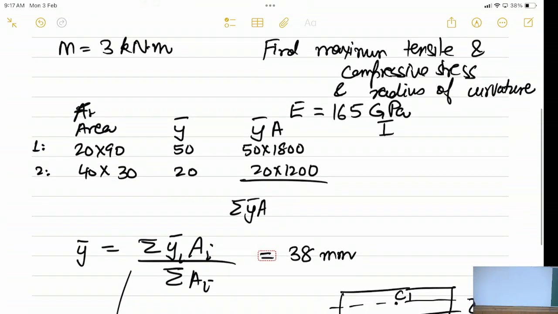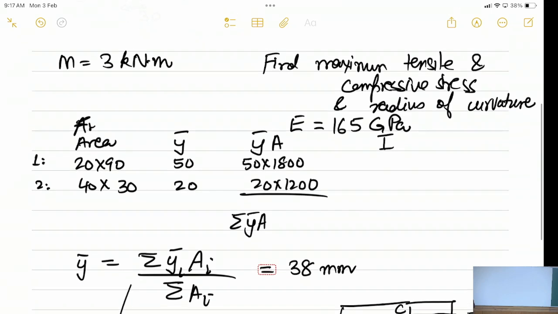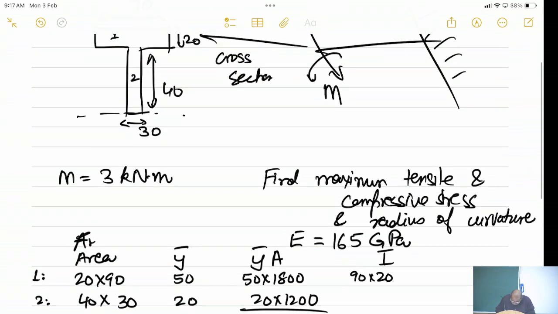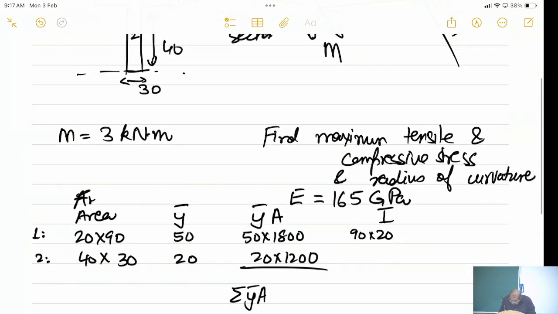They're simple calculations. So this will be equal to 90 multiplied by 20 cube upon 12 plus 1800 into 12 square.